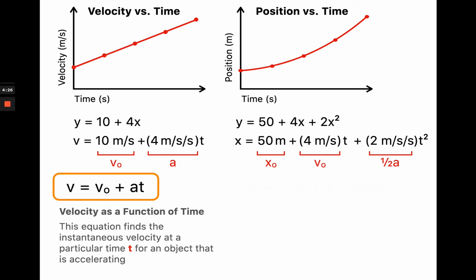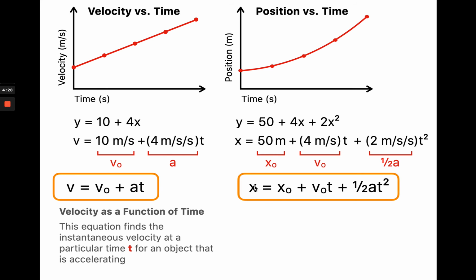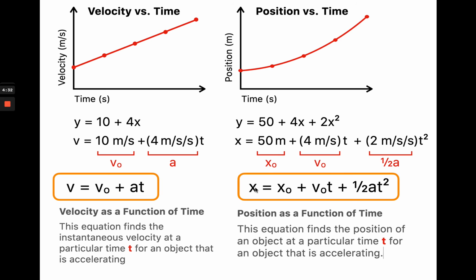And this equation tells us the position of an object as a function of time. So we can find the position of an object at any time we want for an accelerating object. So these two equations are the equations for accelerating objects. Now before, we didn't have this term because we were just dealing with constant velocity. But since we are now dealing with acceleration, we have this 1/2 at squared term.